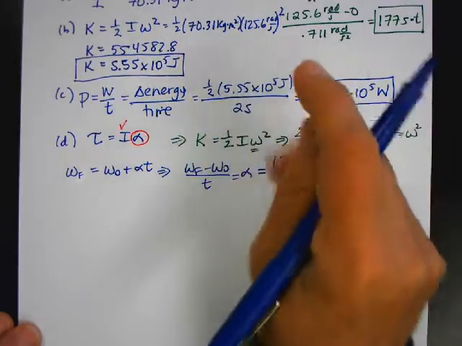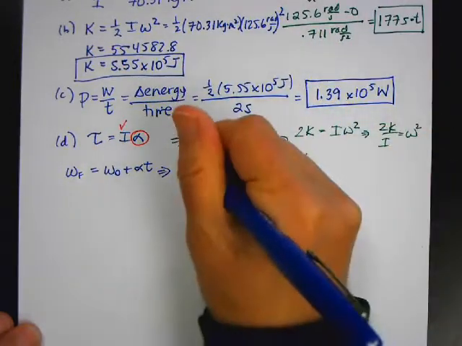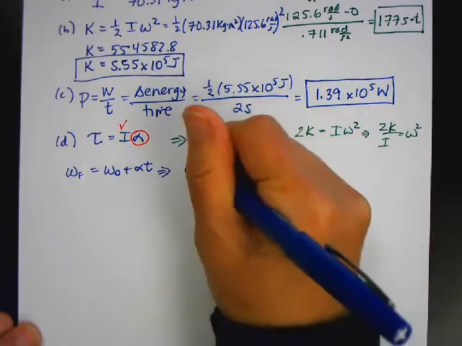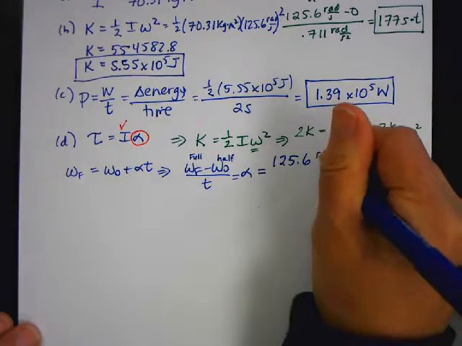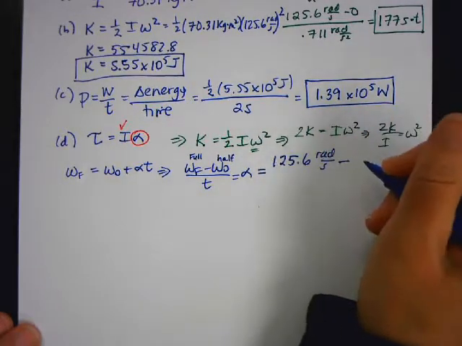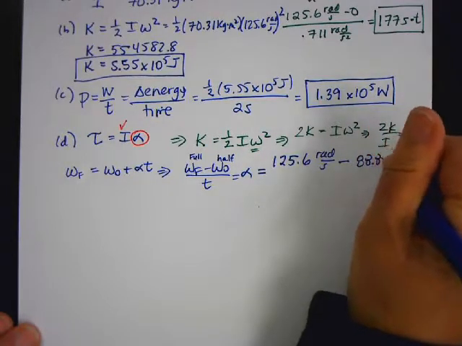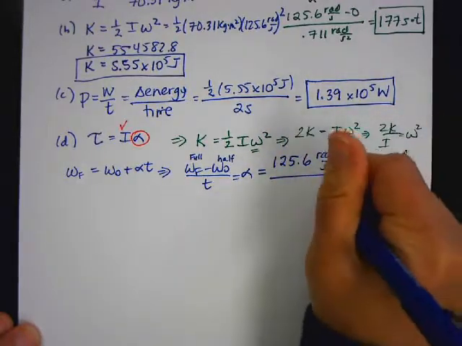What we got up here, 125.6. This is the full, and this is the half energy. 125.6 radians per second minus 88.85 radians per second divided by the 2 second interval.